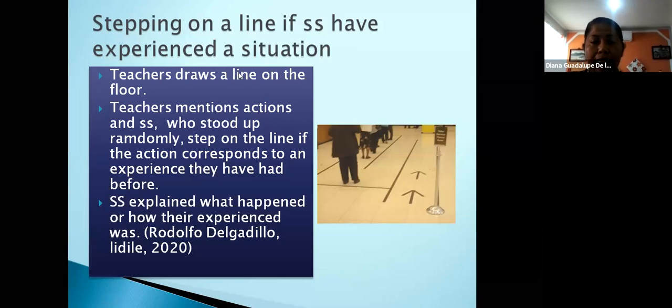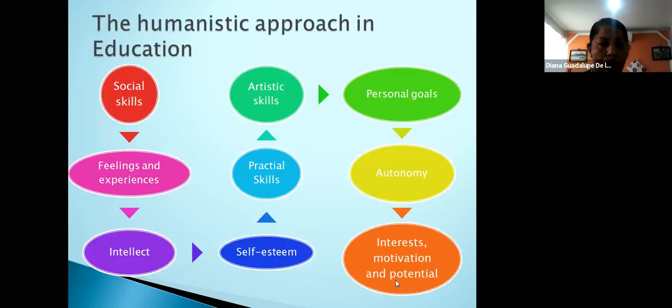What do they do in this kind of activities? They share a lot of feelings, a lot of emotions, a lot of motivations and demotivations, and we help with that sense of opening students' hearts to others to share what they feel when they were not able to do the activity and so forth.